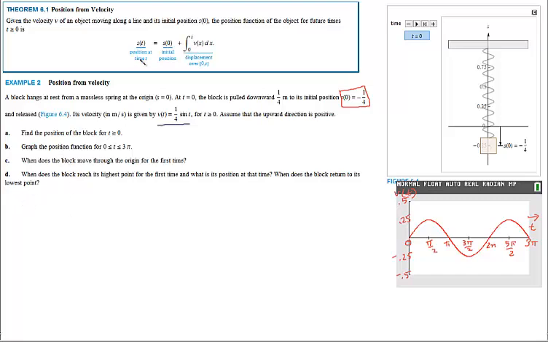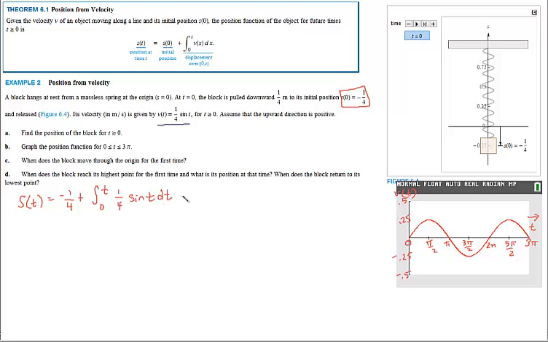So up here, S of t is going to be the initial position, and the initial position, they've told me this S of 0 is -1/4, plus the integral from 0 to t, and my velocity function is 1/4 sine of t dt.